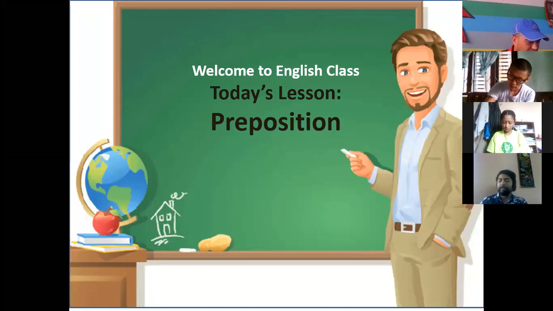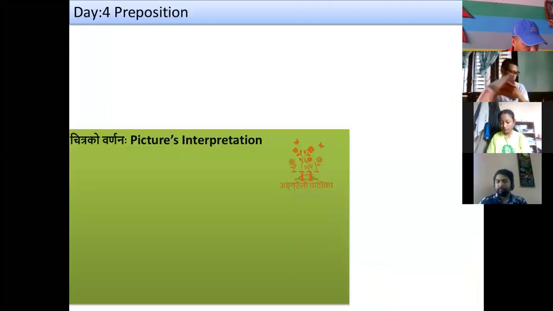Before I get into this lesson, I'd like to learn from you what the term preposition is. Can anyone tell me what is preposition? What do you understand by preposition? Anyone?